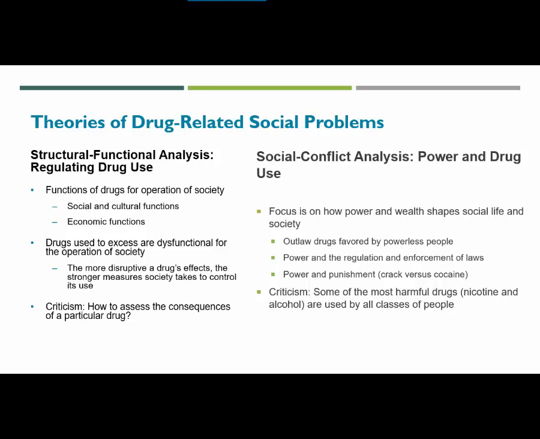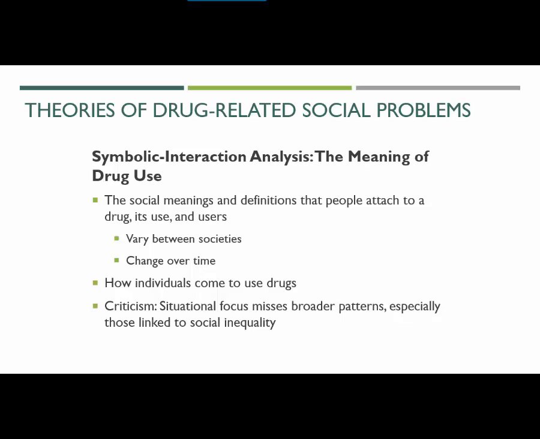It's hard to really use a critical, social conflict lens to make sense of the role of alcohol and tobacco in society, just because it impacts people of all classes and doesn't seem to be structural in nature.